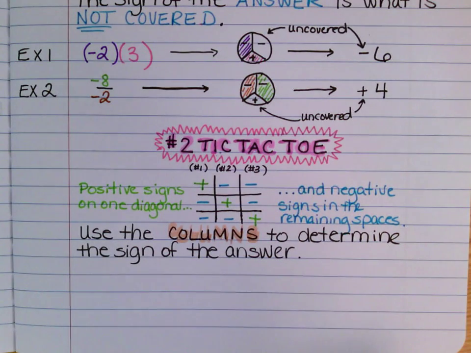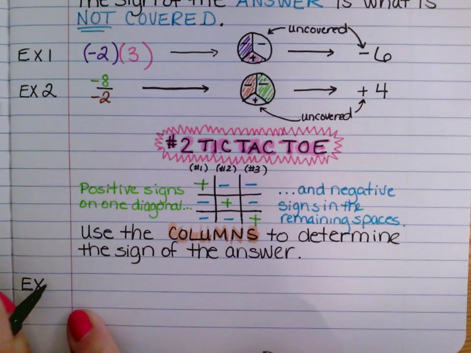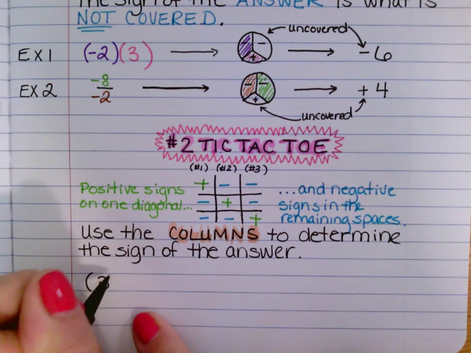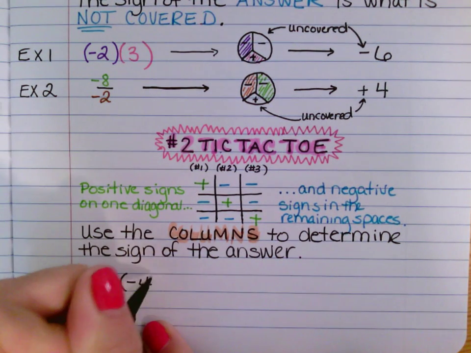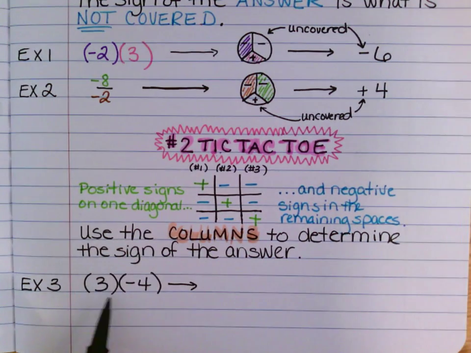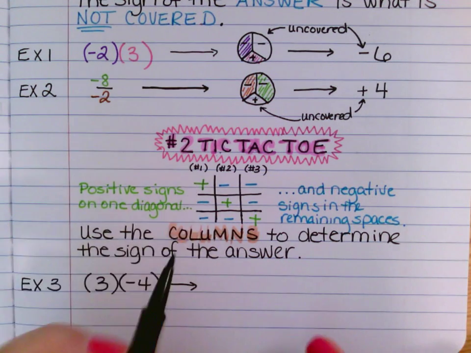Okay, so let's do 2 examples for that one. So example 3, let's say we're multiplying 3 times a -4. Because it's a positive and a negative, we would use column 1, positive, negative.